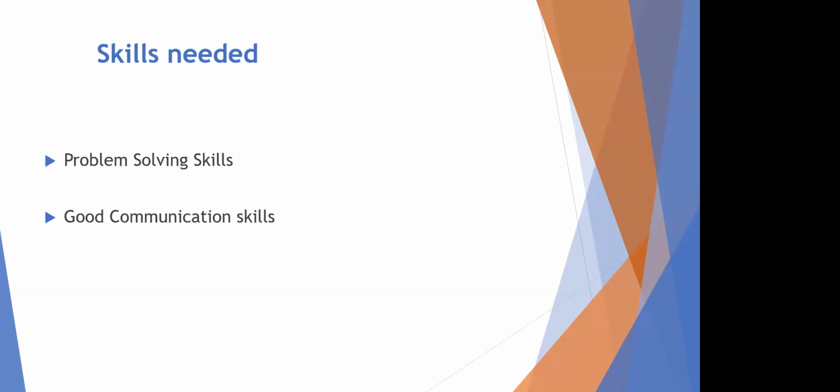Just like I've explained before, one has to be careful when looking for information, that it's the right information through the right source, so that I can provide the right information to whoever is requesting it. And of course, there is need for good communication skills. Whether you are responding verbally, sending email, or writing, you need to have good communication skills.